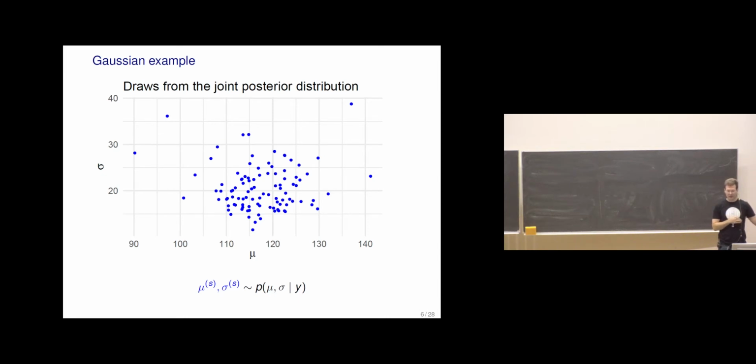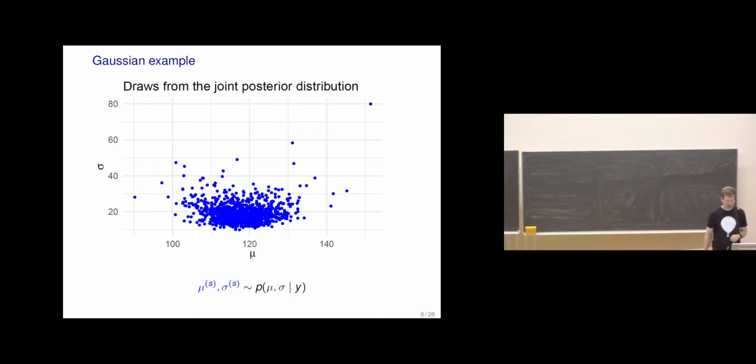But then we also have uncertainty about sigma, so we have different sigma values. If we draw more, we see the shape even more clearly. This is one way to visualize, if the data were generated by a normal distribution, what our uncertainty is about the location and about the width of that distribution.